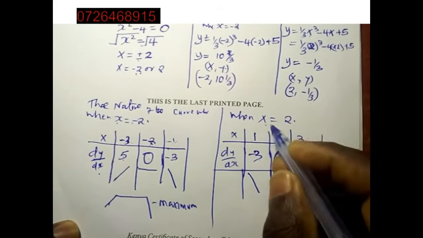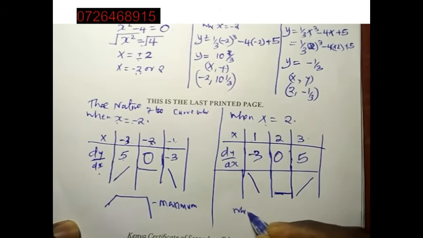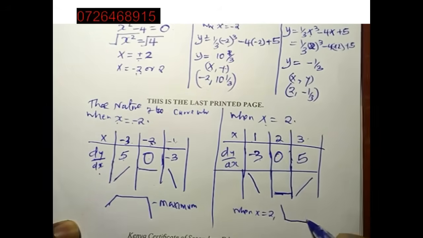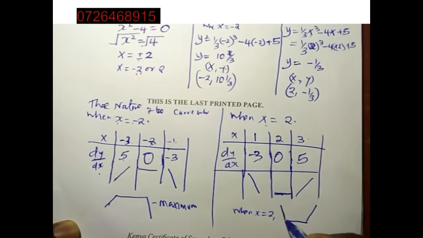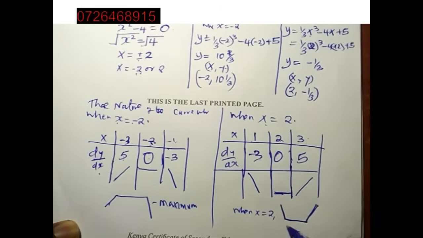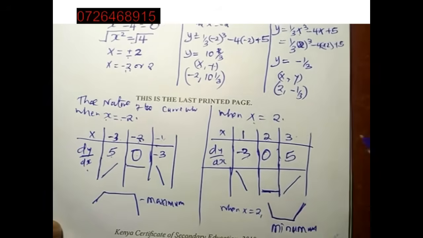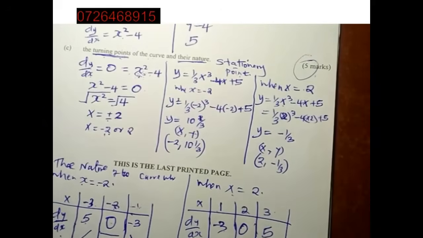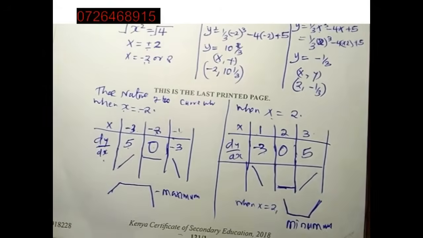So when x is equal to 2, we have a minimum. You have seen that? So it is down, horizontal, 0, up. This one is the minimum. So by so doing, you will have gotten your max and min. Max and min together, you will have it well done.